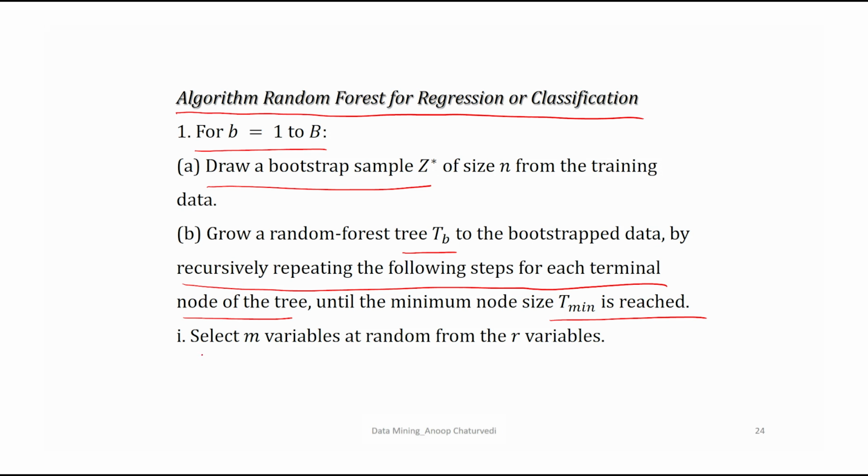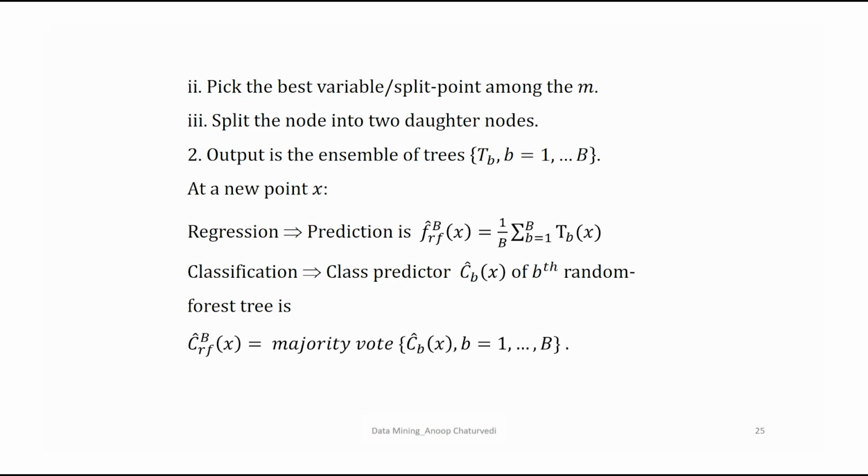We select m variables at random from the R variables, pick the best variable and split point among the m, and then split the node into two daughter nodes. Then your output is the ensemble of trees, T_b for b equal to 1 to capital B.